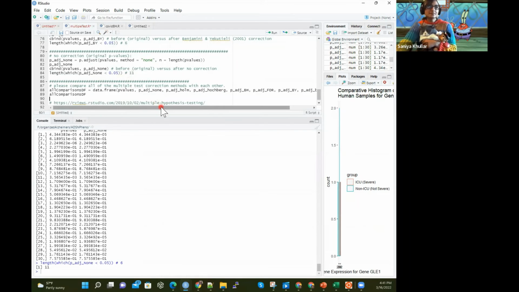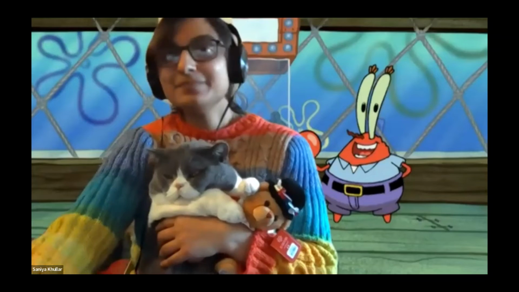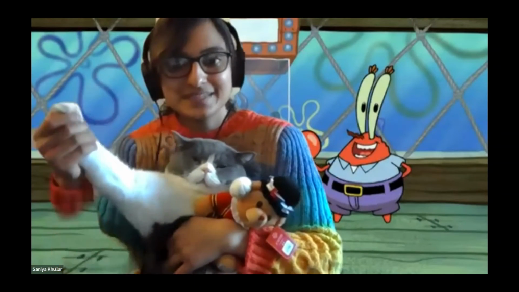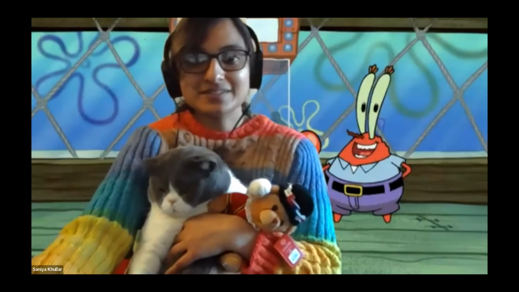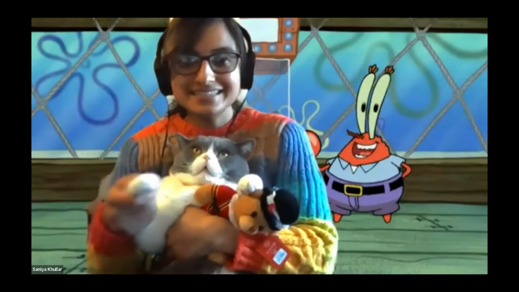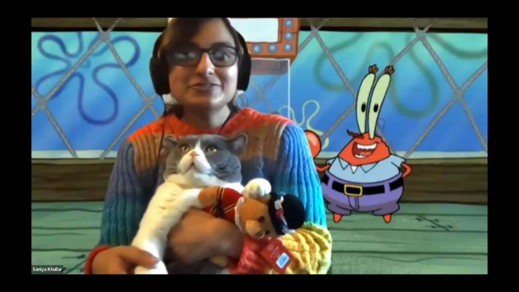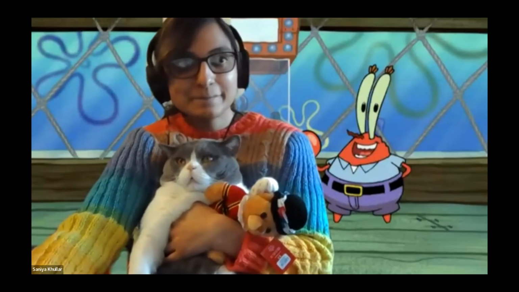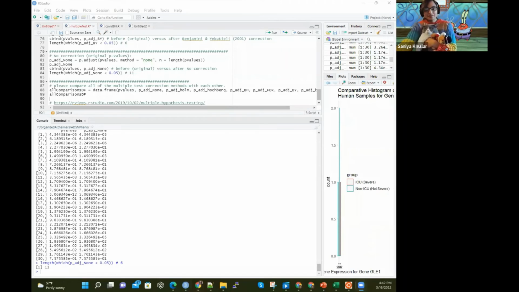So if we want to compare side by side how all these multiple testing correction methods fare, the ones that we've discussed, for this set of 30 genes, for this set of 30 tries, how do they compare? Just like a quick recap, we tested out a few different methods.